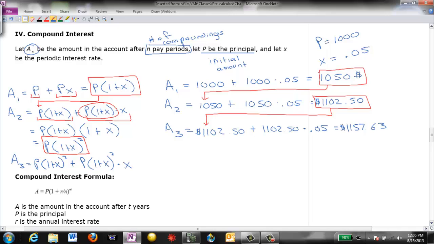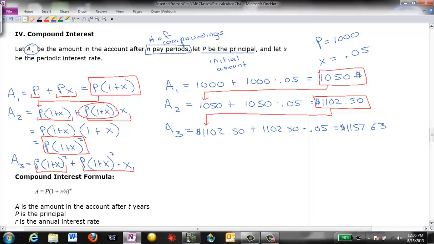So I'm trying to mimic what I'm doing over here in the numerical example and the algebraic example, just again in that general sense. So notice here in the third compounding, in the first term I have a P times (1 plus x) squared, and in the second term I also have a P times (1 plus x) squared. So I'm going to factor that particular thing out, and here is what I get.